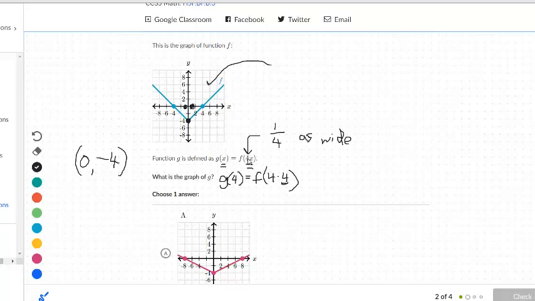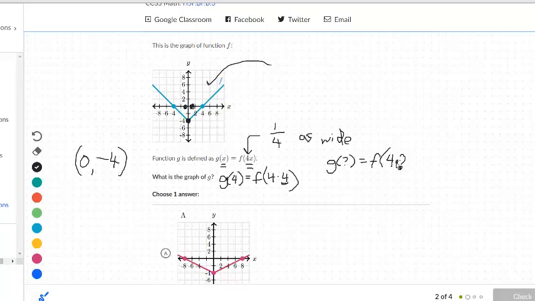So I need to know like what that new input is. Here's where we're going to think about that. All right. So what I'm thinking of is that a way to remember that is that my G at some number is going to be the same as my F times that same number.